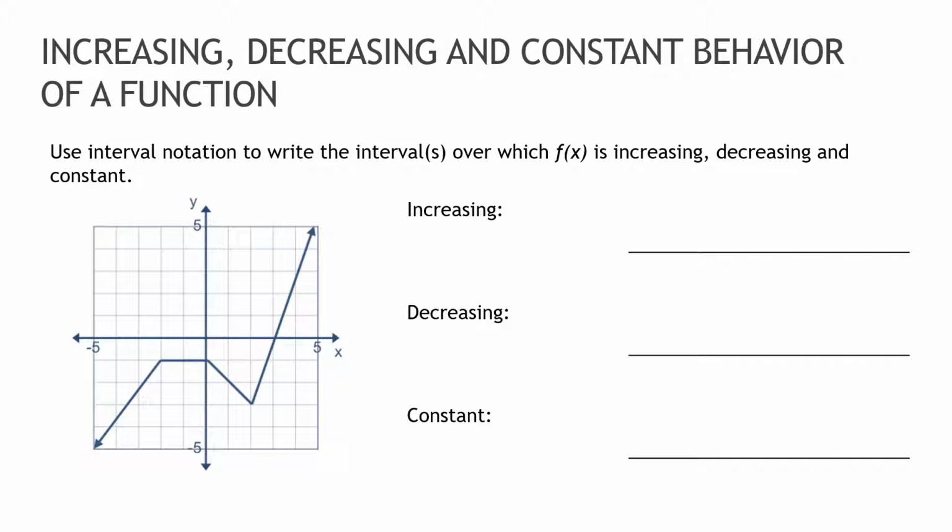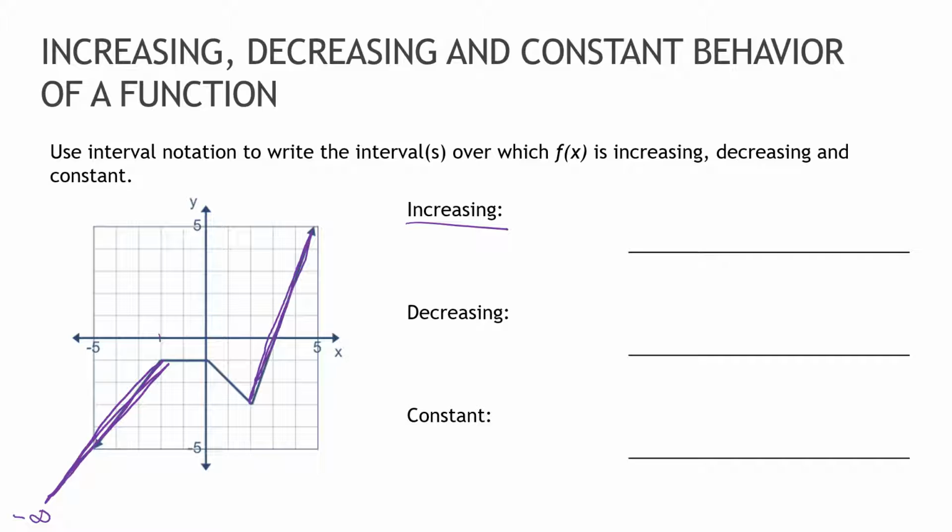So let's take a look at an example together. Again, all I'm doing is looking for everywhere first where my function is increasing. So it seems to be increasing from here to here, and it seems to be increasing from here to here. So two parts. This part, the left-hand side, is negative infinity because there's an arrow. I covered it up with all my scratches, but there's an arrow.